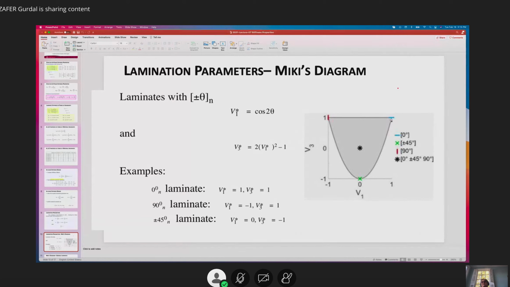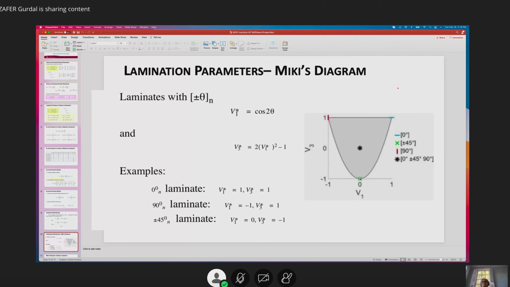As your orientation angle increases, you're going to be marching along this line until you reach where V1 star is equal to 0, at 45 degrees, and you reach V3 star equal to minus 1.